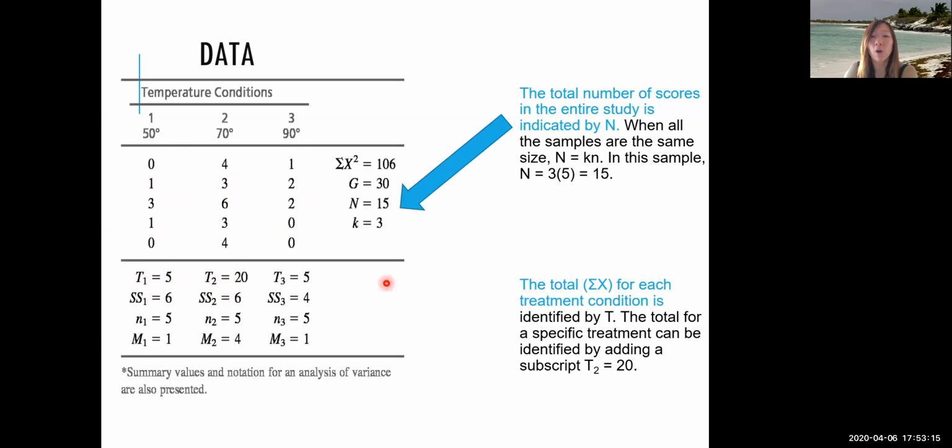Okay, so that's the total. How else can you use the symbols? Well, the total for a specific treatment can be identified by adding a subscript to each. Maybe that'll be easier when you're using the data later on, so that you can differentiate between the group totals.